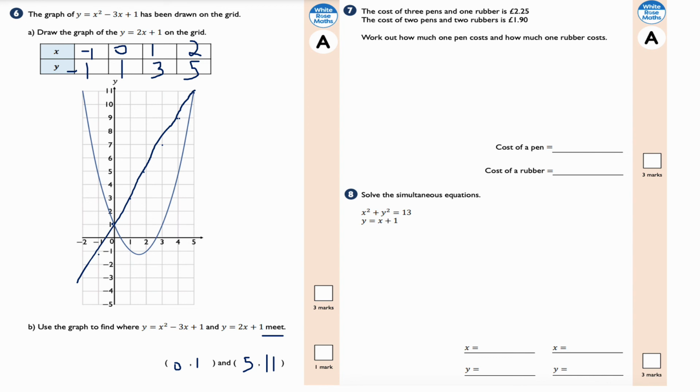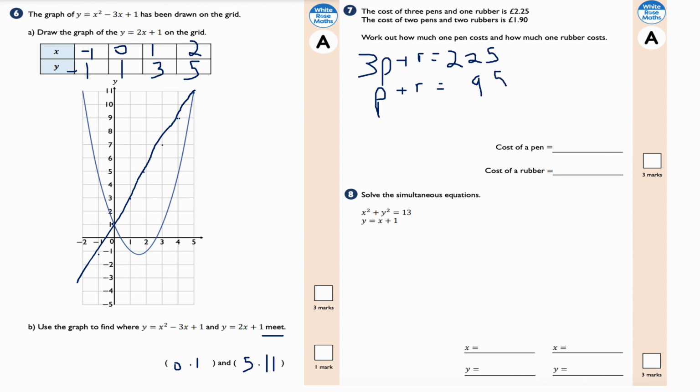This is question number 7, guys. The cost of 3 pens and 1 rubber is equal to £2.25. We'll leave it in penny form to make it a bit easier to deal with. And then the cost of 2 pens and 2 rubbers is £1.90. Now, I'm going to write that instead as 1 pen and 1 rubber is equal to half of 190, which is 95p.